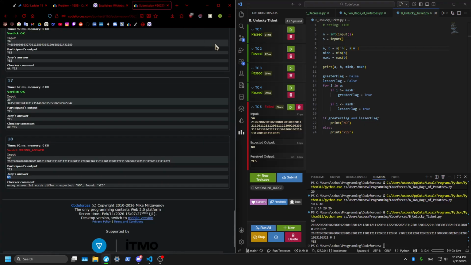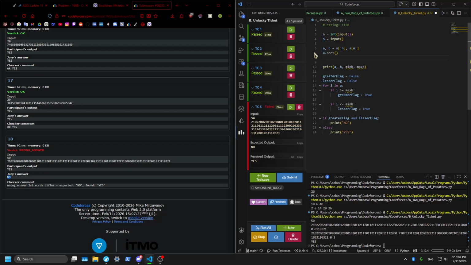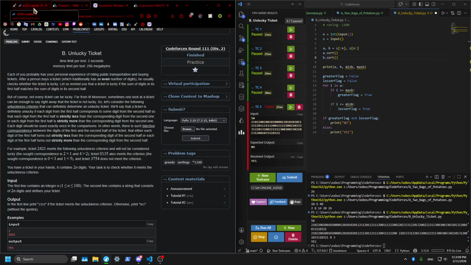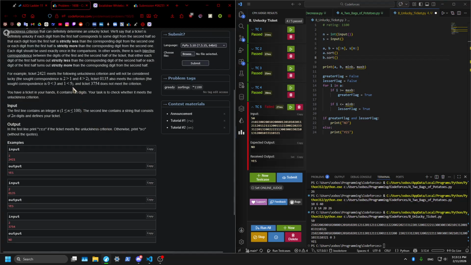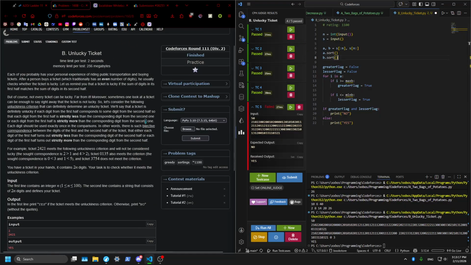I guess we could sort A and B, like A dot sort, B dot sort, and then we'll have corresponding digits. But I don't know, how can you use some digit and the corresponding digit in the same sentence? It just makes no sense.